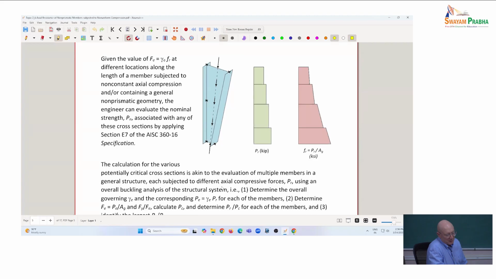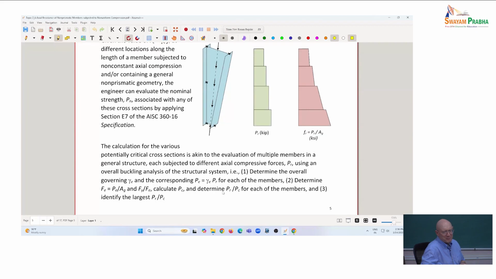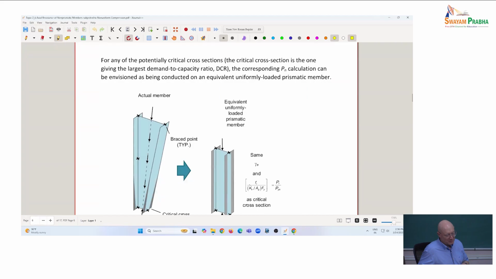Again, if you calculate that FE at a given cross section, then treat that cross section like a member. You've got your FE, you've got the effective area that you can determine at that cross section. You can apply the equations and get a ratio of PU to PPN. Did I say it in enough different ways there? Now, another way to put it, maybe once we've focused in.